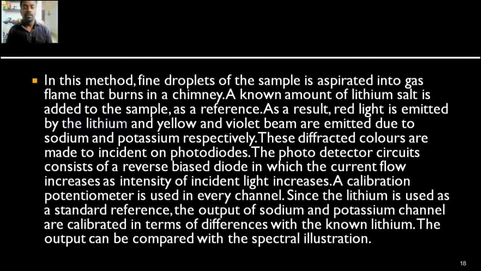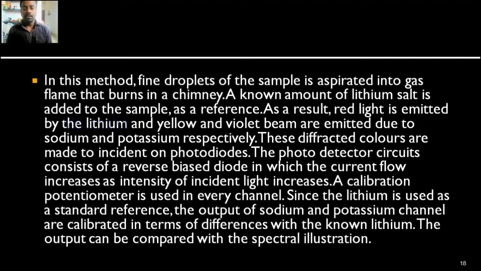As a result, red light is emitted by the lithium, and yellow and violet beams are emitted due to sodium and potassium respectively. So lithium emits red light, and sodium and potassium emit yellow and violet light.